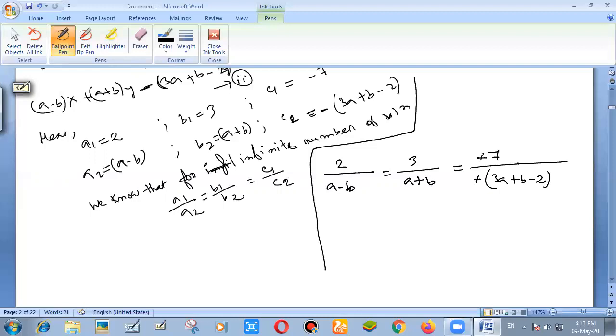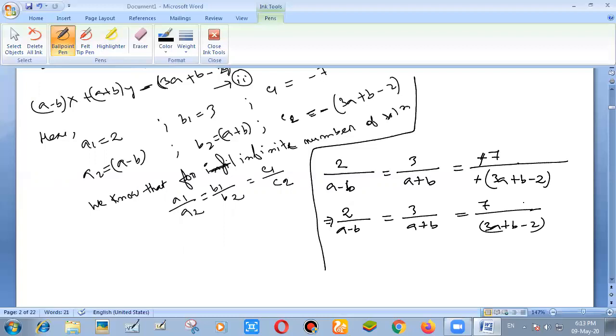So it will be 2 by a minus b, 3 by a plus b, equal to 7 by 3a plus b minus 2. Up to this clear? So from here now you have to find the value of a and b.